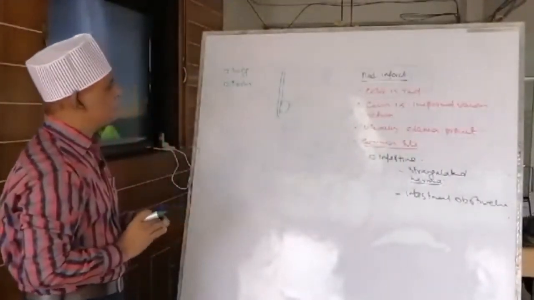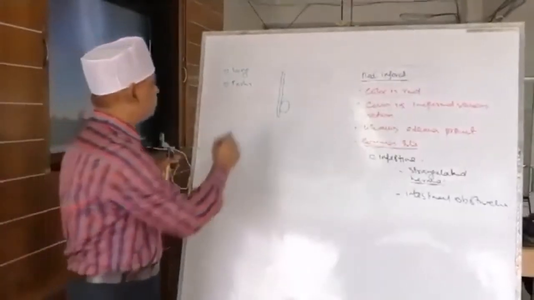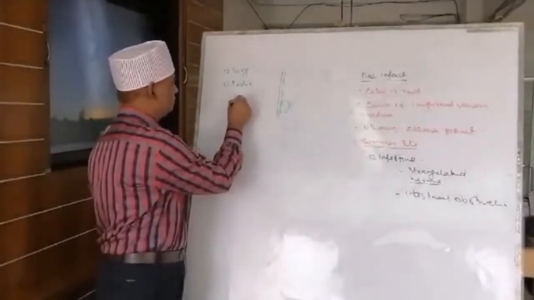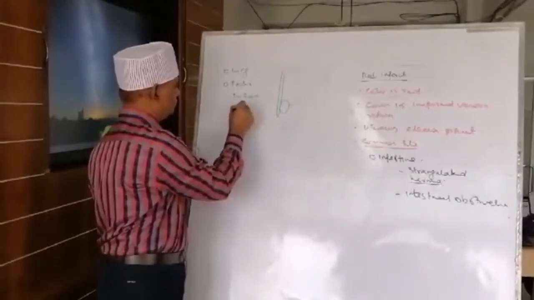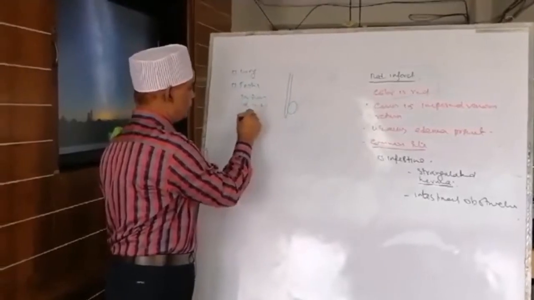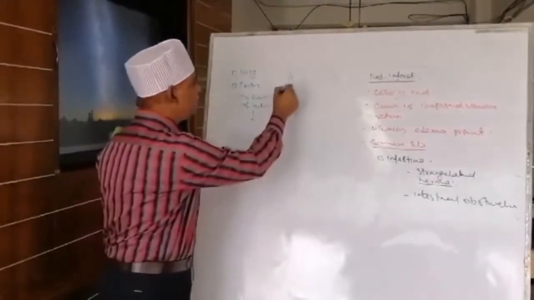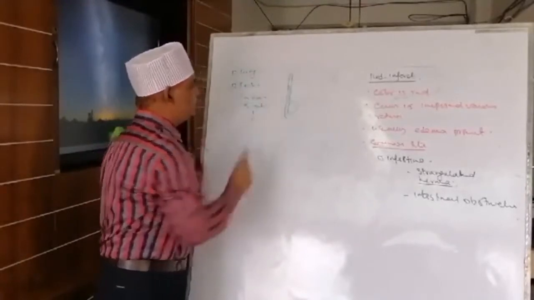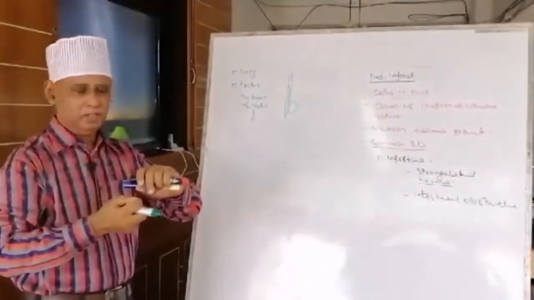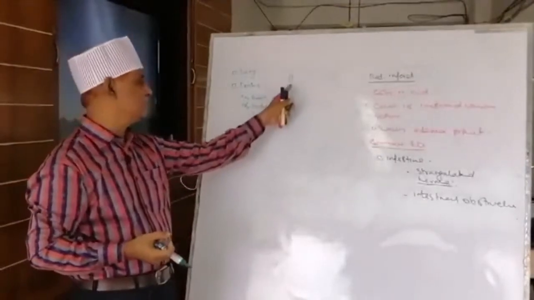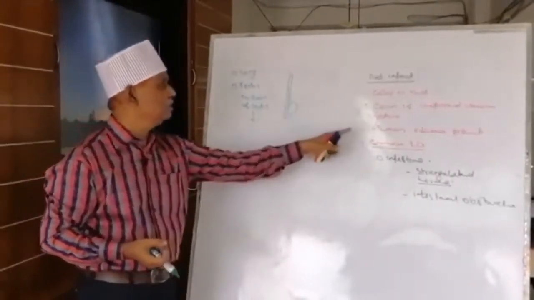When testes undergo torsion, what will happen? The testicular vein undergoes twisting. So there will be impairment of venous return and the testes undergo red infarct.